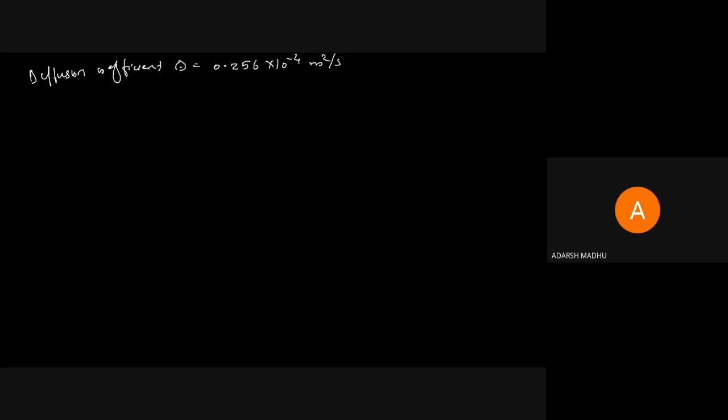Okay. So here you want to find out the amount of water evaporated, that is the convection mass transfer rate. Convection mass transfer: m dot equal to m dot by A, or m dot equal to HM into A into delta C. Delta C means CA1 minus CA2.